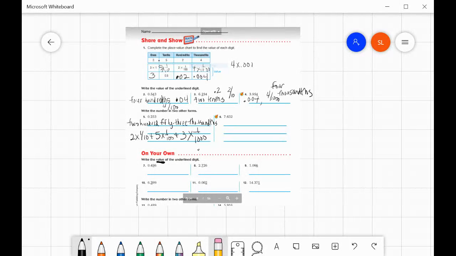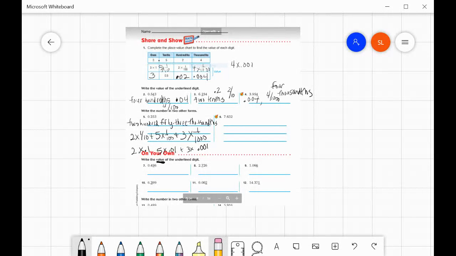And these can also be times 0.001. So 3 times 0.001, 5 times 0.01 and 2 times 0.1. All right, any of those work.